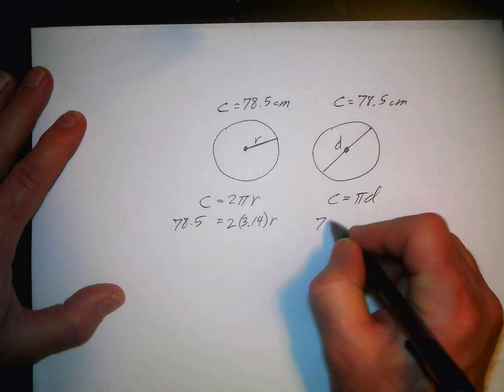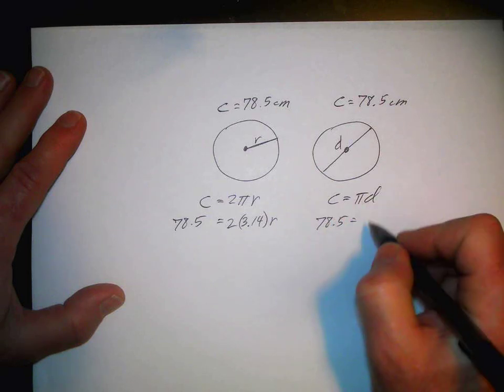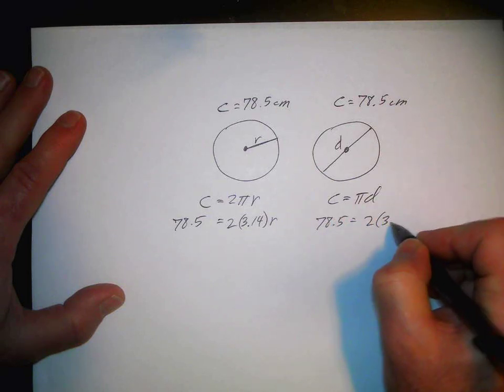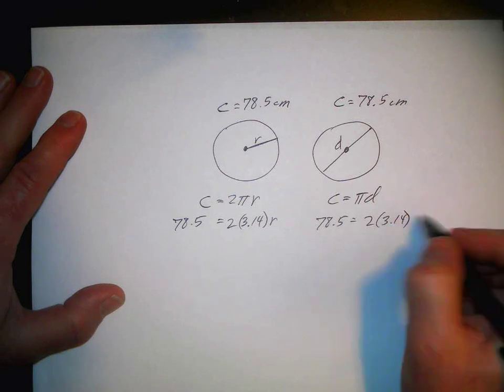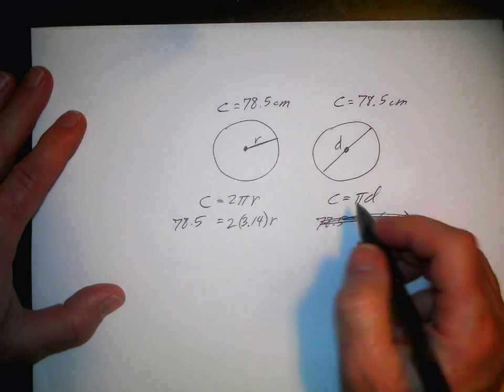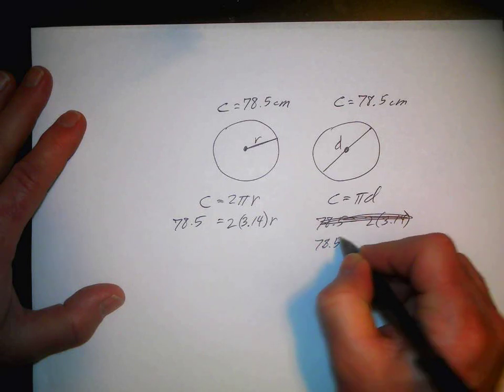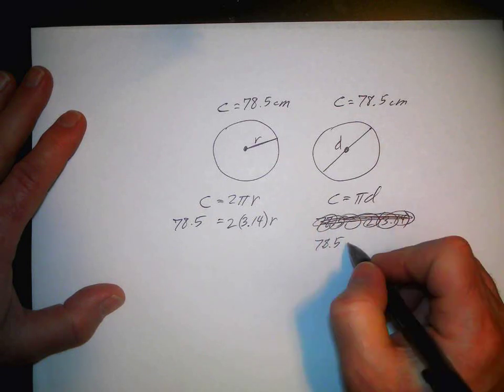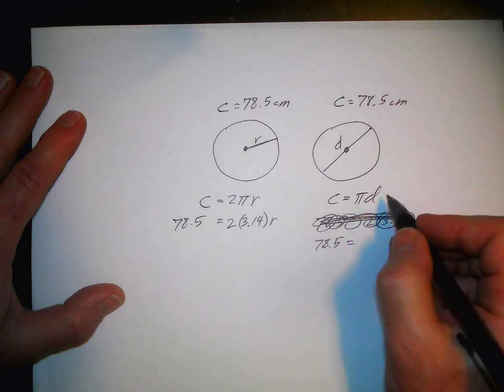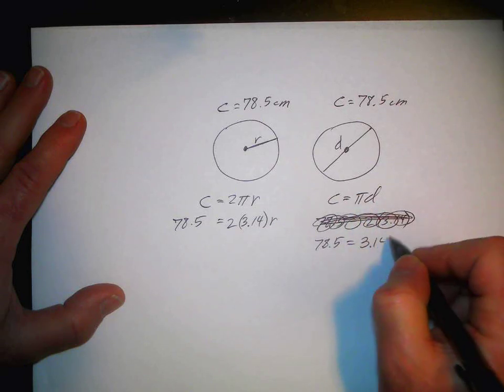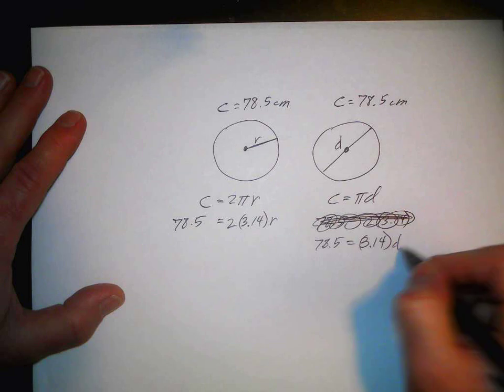Over here it's 78.5 equals 2 times 3.14. Excuse me, I messed that one up. This one is going to be 78.5 equals pi times d. Well, the number for pi is 3.14, and there's d.